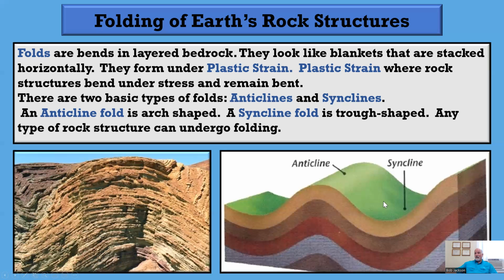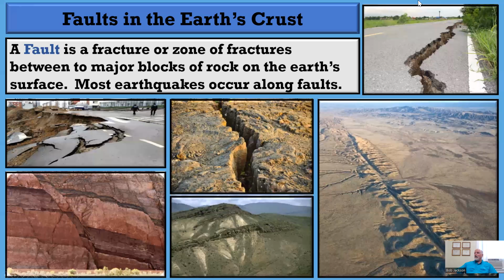But both of them are folding, and both of them come about because of strains on the rock features through time. And of course, getting this raised up took thousands and thousands of years. Okay, it didn't just happen overnight.